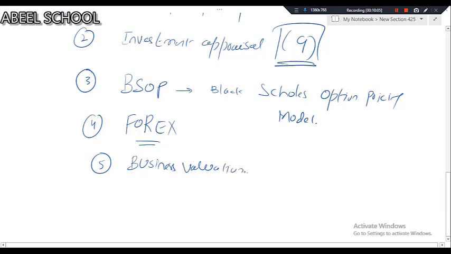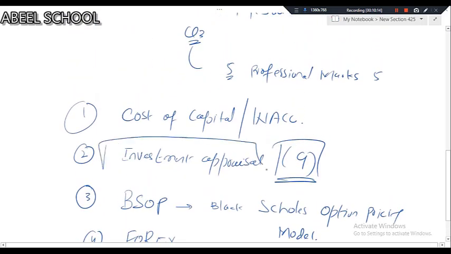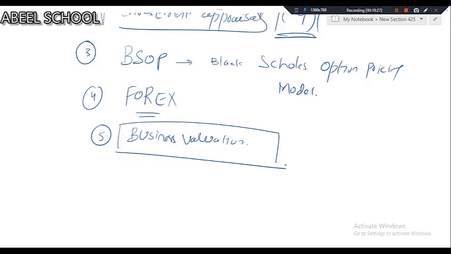Because if I talk about section A, in which the 50 marks question comes, most of the time that 50 marks question is going to be either on investment appraisal. The second topic which has been examined in section A most of the time is business valuation. So in section A, question 1, you will have either investment appraisal or business valuation.